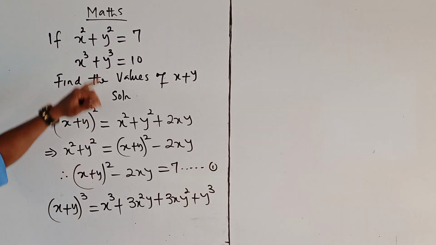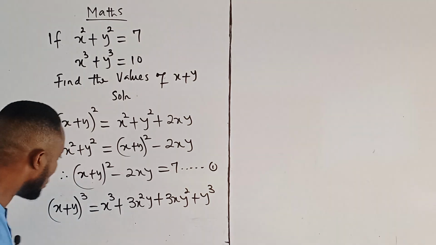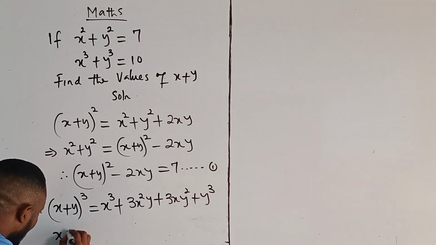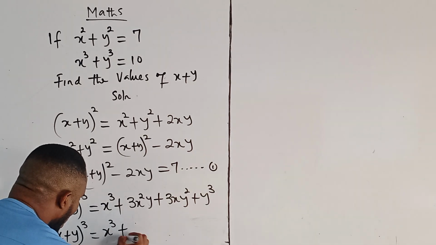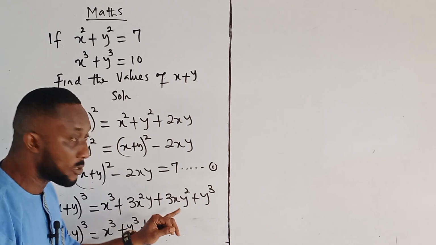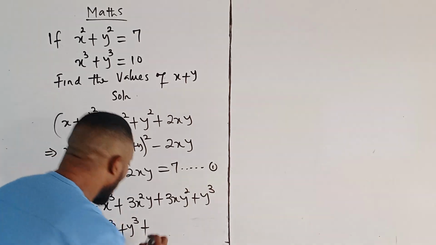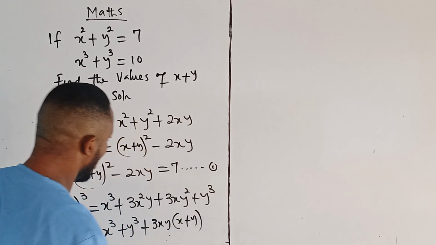So for the sake of the problem we are solving, I will isolate x cubed and y cubed. I can write this to be x cubed plus y cubed first, taking the cubes together, plus, then for these two middle guys, I want to factor out 3xy. I'll write 3xy into x plus y.